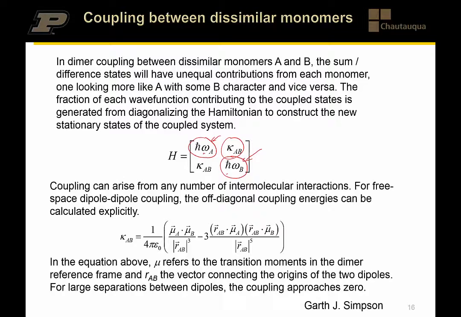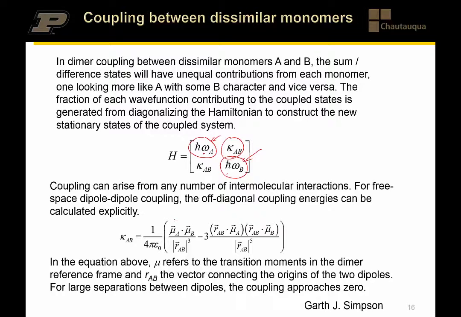And so if we then diagonalize this Hamiltonian, we should come up with wave functions that take into account the different contributions of A and B based on the magnitude of the coupling and the relative energies between A and B. So what's kappa? Well, it can really describe any number of interactions. We'll just consider by far the simplest one, which is free space dipole-dipole coupling.